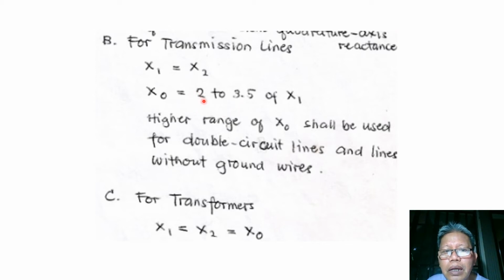In other words, our X0 will be 2 times X1. Now for transformers, the reactance to the positive sequence current or negative sequence current is the same as its reactance to the zero sequence current. So X1 is equal to X2 equal to X0.